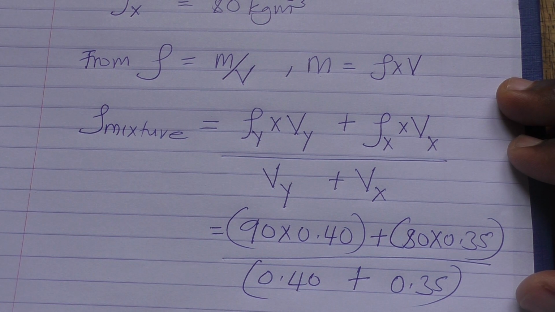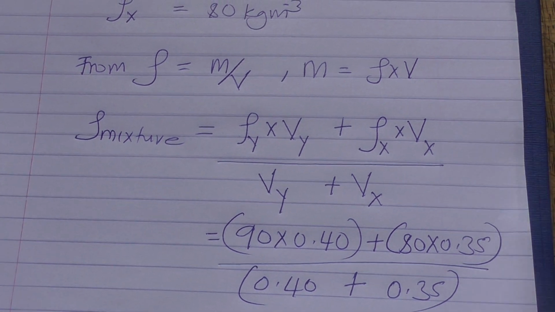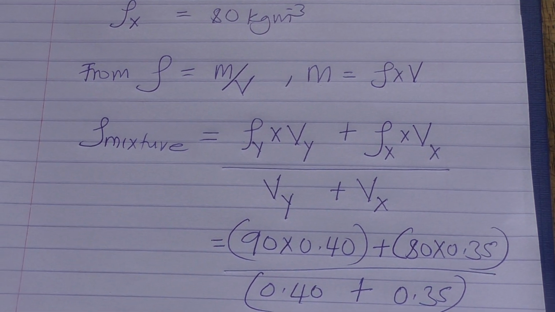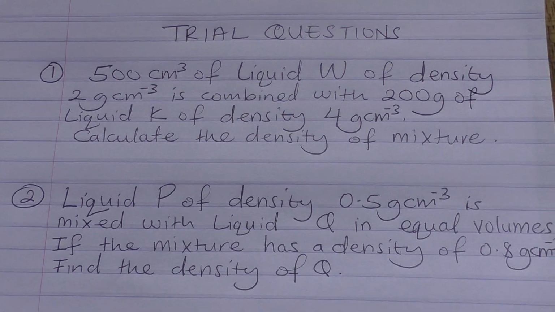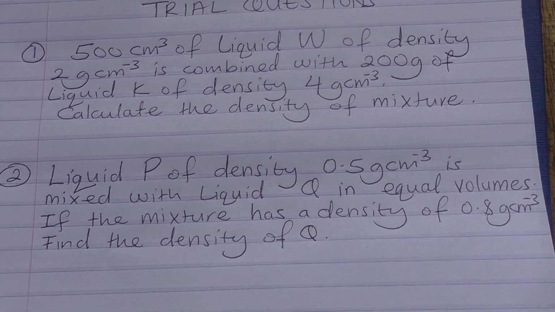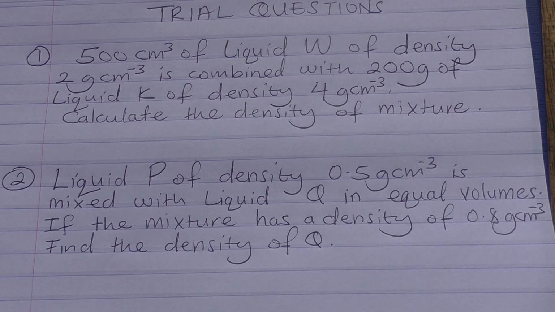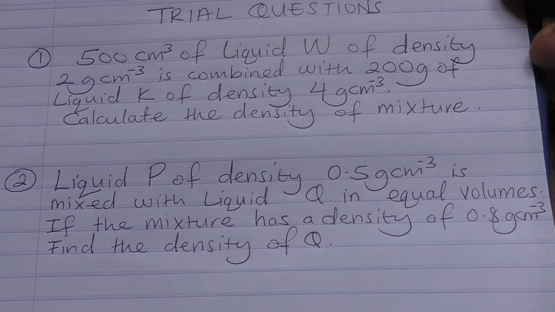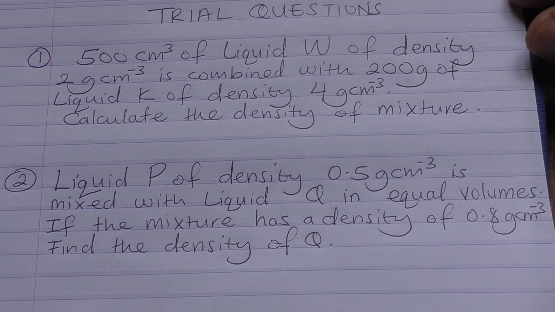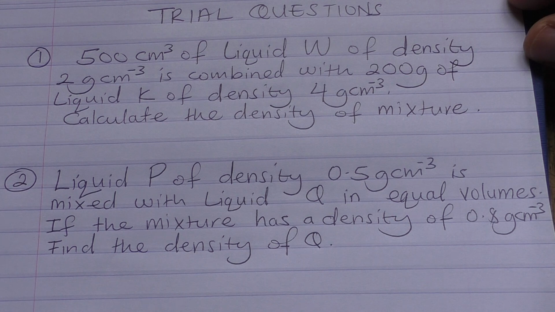Perhaps before I review, I have two numbers I want you to try out. So these are your trial questions concerning density of mixtures. Please remember, when dealing with physics calculations, the first step is to read and understand the question.